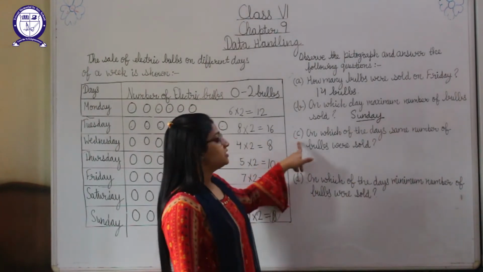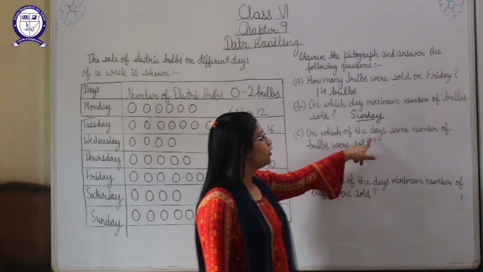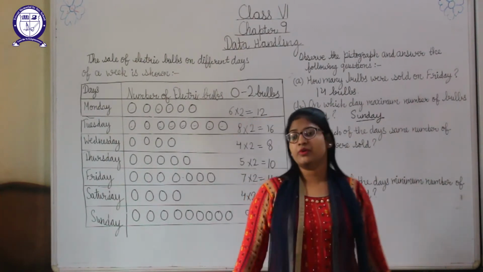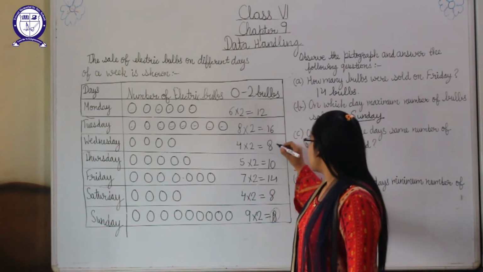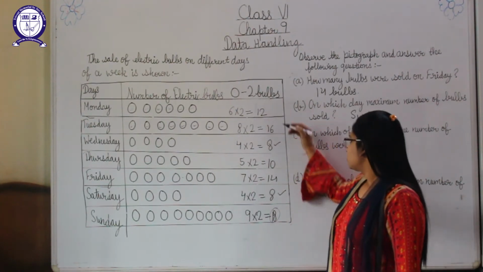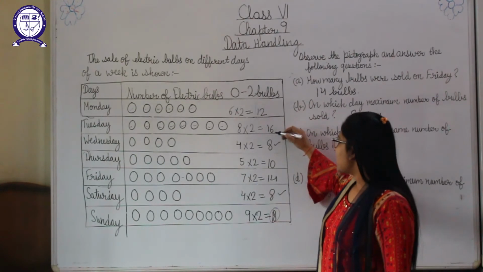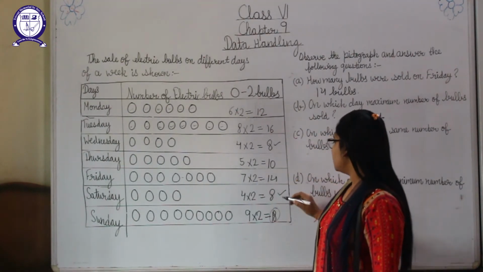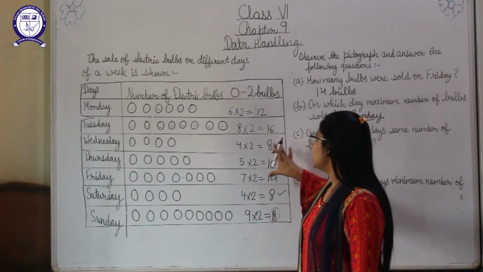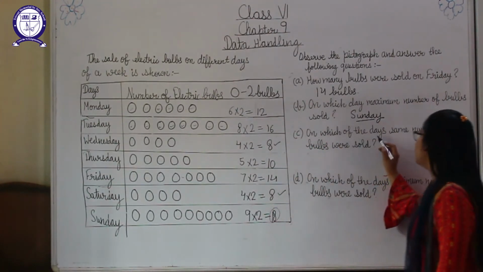Now part C here is on which of the days the same number of bulbs were sold. Same number of bulbs. If we check, here it is 8 and here it is also 8. So here it is 12, 16, 8, 10, 14, 8, 18. So 8 and 8 are the only same numbers here. And it is asked on which days.